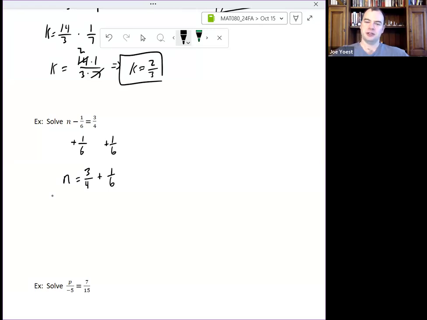Now, since 3/4 plus 1/6 is going to require a couple of different steps, let me actually come over here, work out what this is in the scratch work area, and then I'll just bring the answer back over. I know that I need an LCD, a lowest common denominator, because I don't have common denominators here.